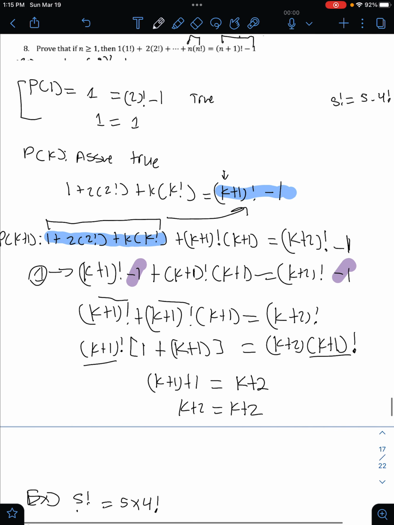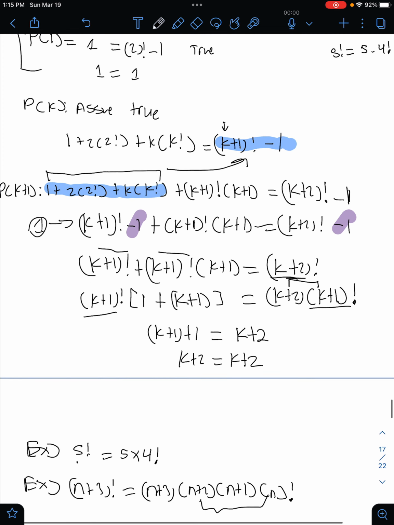To see how we got (k plus 2) factorial down to this, first off, we can start with the basics. 5 factorial is really equal to 5 times 4 factorial, right? Let's look at an example of (n plus 3) factorial. We can rewrite that as (n plus 3)(n plus 2)(n plus 1) times n factorial.